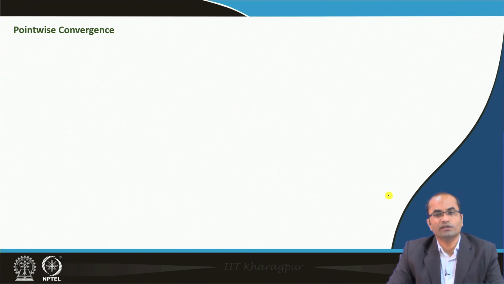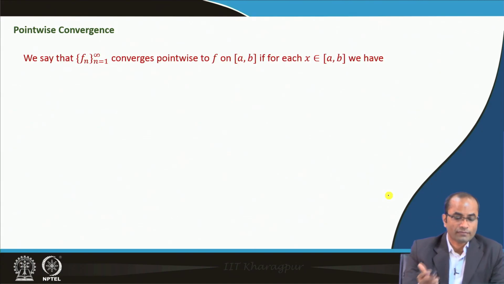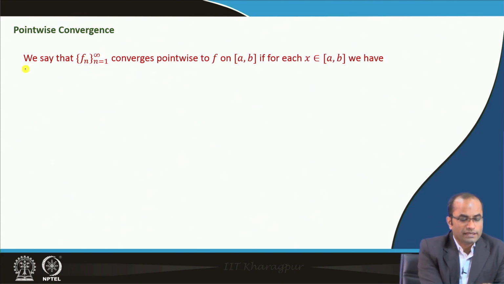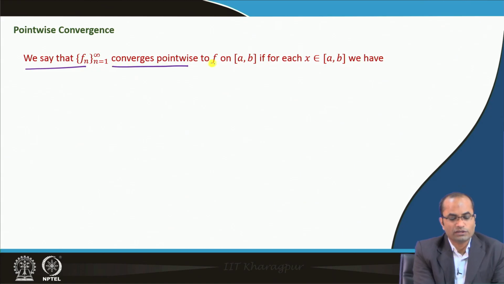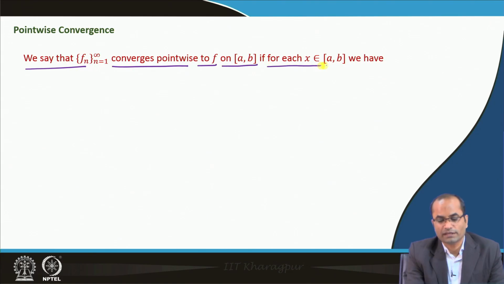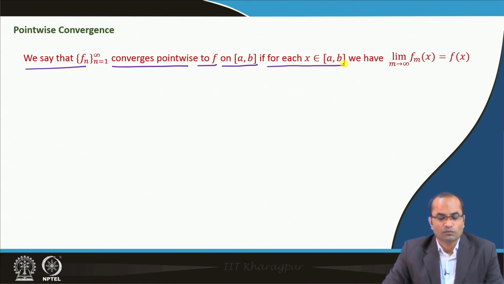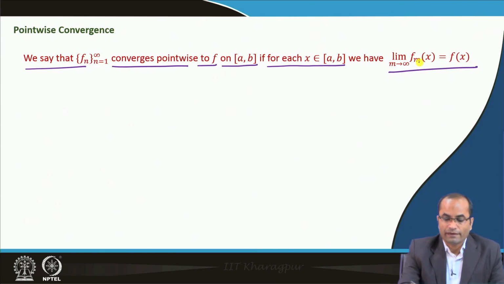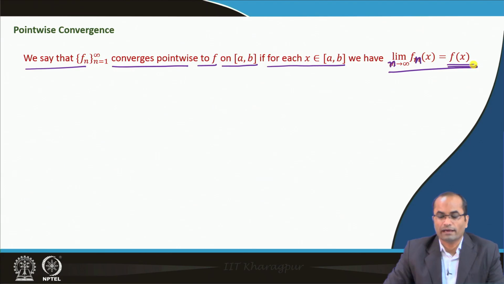Another one is the pointwise convergence, and this is precisely the convergence which we already discussed while discussing the Dirichlet theorem. So, we say that f_n converges pointwise to f on this interval if for each x in [a, b] we have the limit of f_n(x) as n approaches infinity equal to f(x).